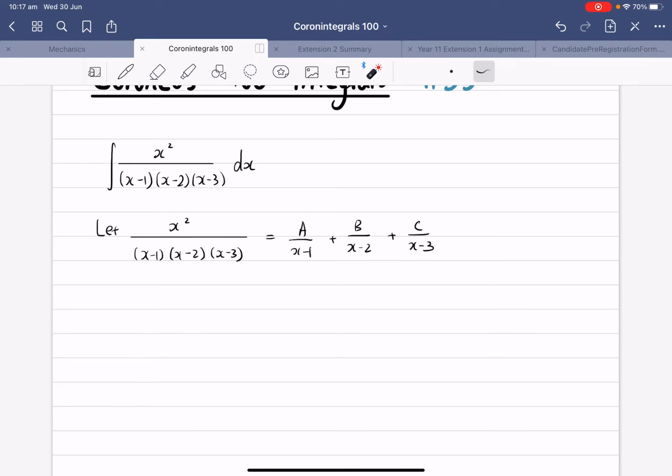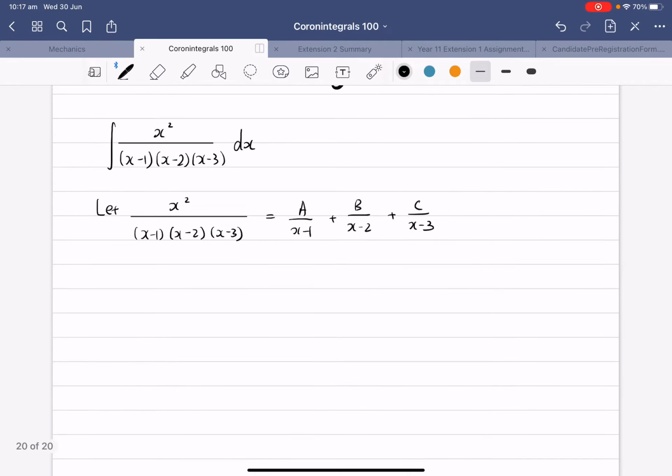Once we finish that, we multiply through by the denominators. So we end up with a(x minus 2)(x minus 3) plus b(x minus 1)(x minus 3) plus c(x minus 1)(x minus 2) equals the numerator on the left-hand side, which is x squared.